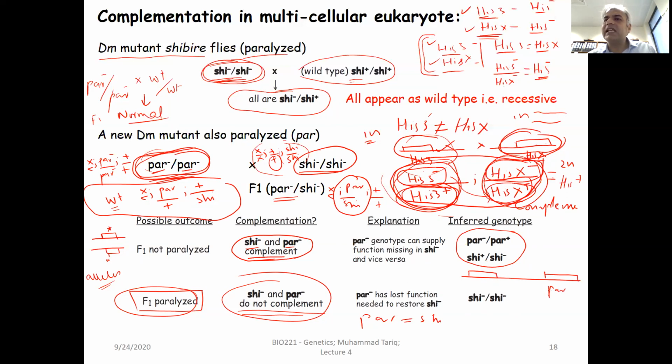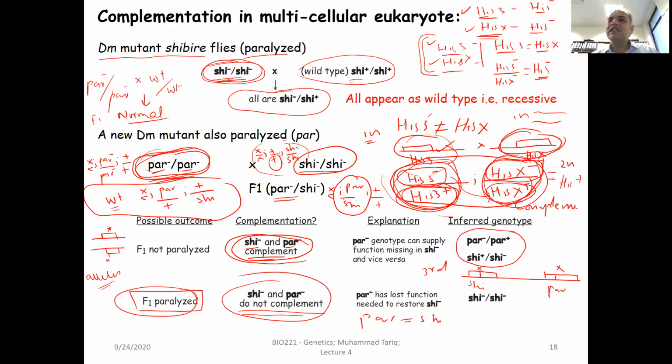For example, paralyzed is lying here, Shibere is lying here on the third chromosome, but they are altogether different genes. And you will still get this result because they are non-allelic. They are not in the same gene.